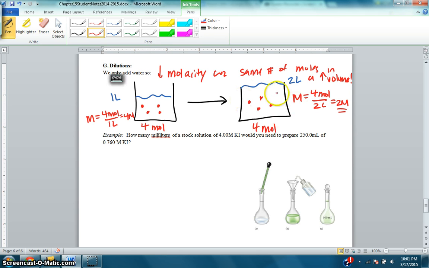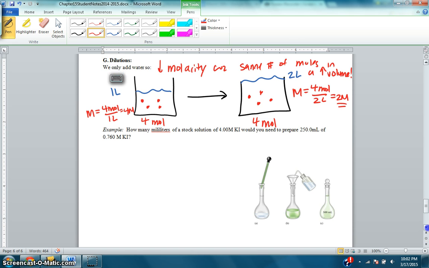So since these moles now have more water to spread through, it's going to be a less concentrated solution than what we started with. And so one thing we can think about is the color of these things. If you think about Gatorades, if you have like red Gatorade, it's like bright, bright, stain your tongue red. And then when you add water to it, it kind of thins out that red and makes it a little bit lighter. So the dilute will have a very light color to it, while the concentrated will have a darker color to it.